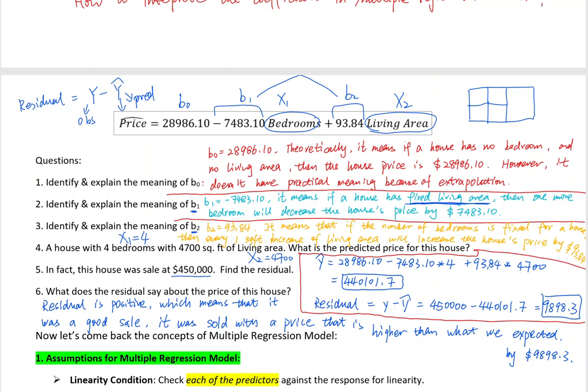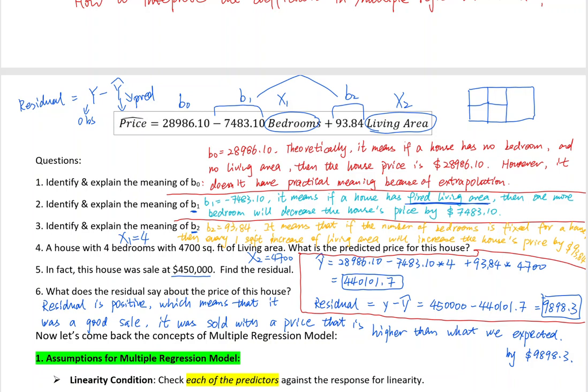So this residual tells you how much difference there is between what you observed and what you predicted from your regression. We want the residual to be as small as possible, right? We don't want the error, the difference, to be big. We want the difference to be small so that we can say our regression is accurate, right?